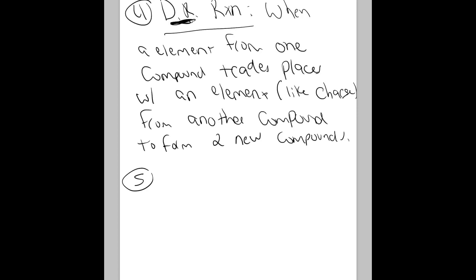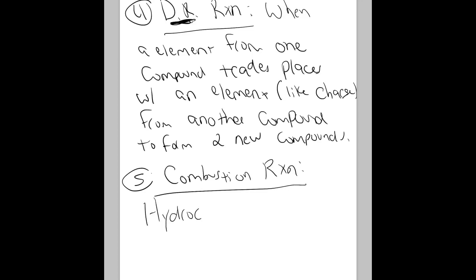Okay, so our fifth and final reaction is called combustion reaction. And combustion reactions are very straightforward. They consist of a hydrocarbon that bonds with, so I'm going to put a plus sign there, oxygen gas.